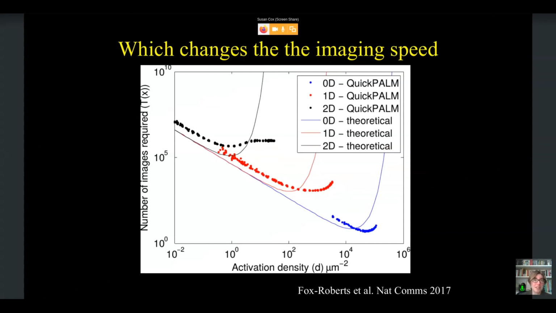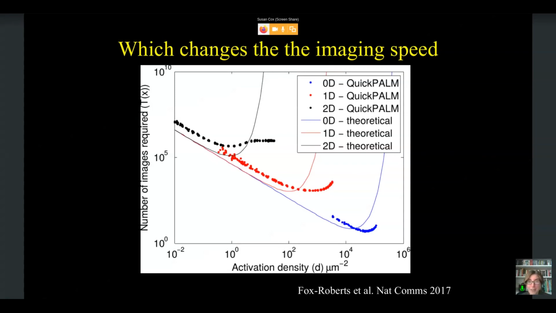And you can see that when we have a 0D sample, which is in black, we actually don't require that many images at all, maybe 10 or maybe 30. And then when we go to 1D, we need maybe more like 500. And then when we go to 2D, we need more like 10,000.